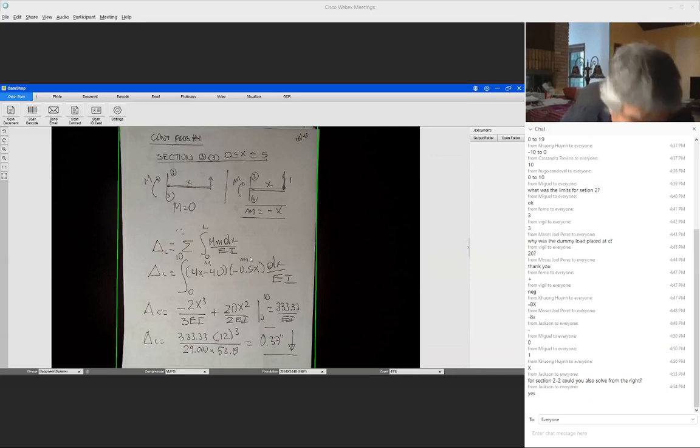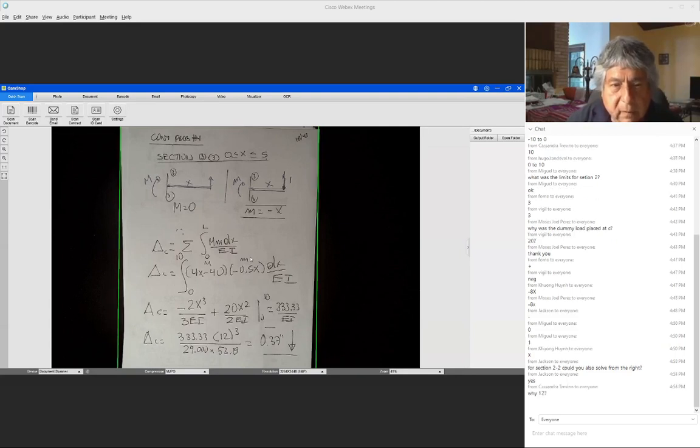So, any questions about this? Any question about this problem? If the values of E and I are given, why 12?